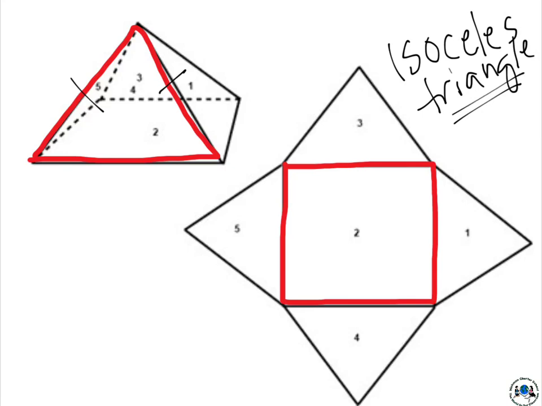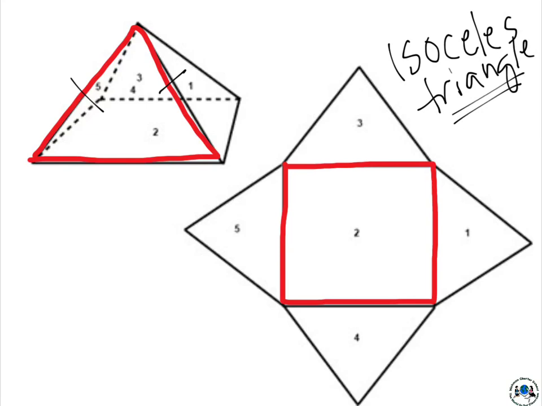It's not necessarily an equilateral triangle, because in an equilateral triangle all sides will be even. In this case we don't know. Honestly, I'm not sure about this one here.